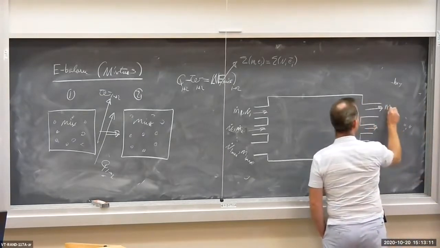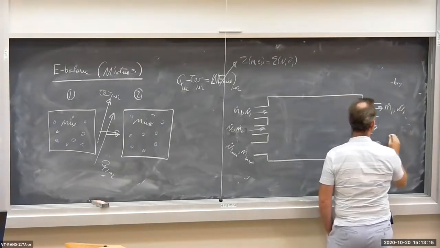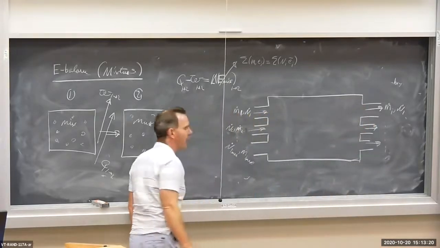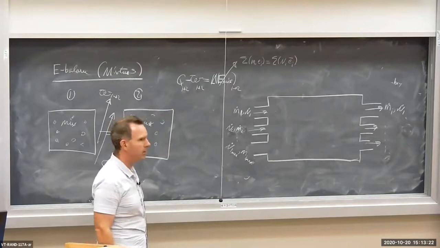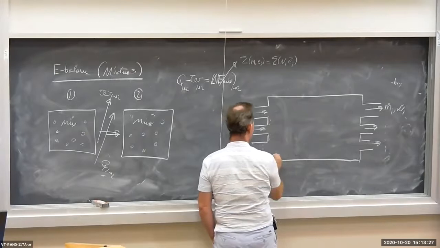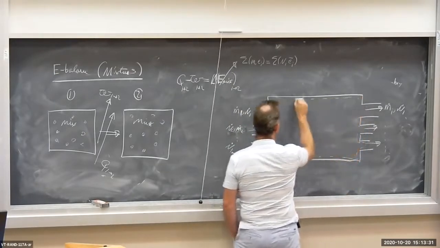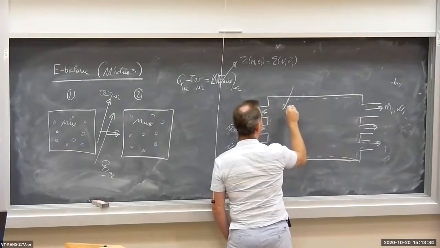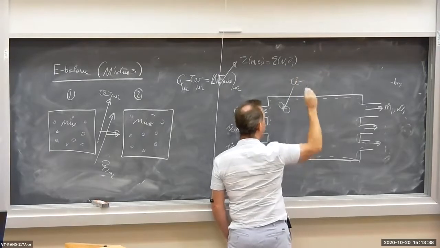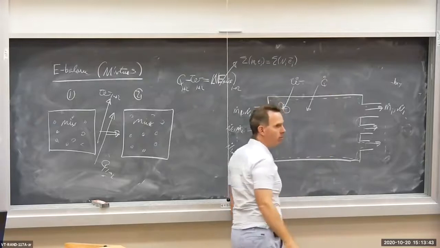So I have M dot I, N dot I, all the way down to however many components I have leaving the control volume. So this is my open system. Maybe I have some work going on, W dot. Maybe I'm adding heat, who knows?